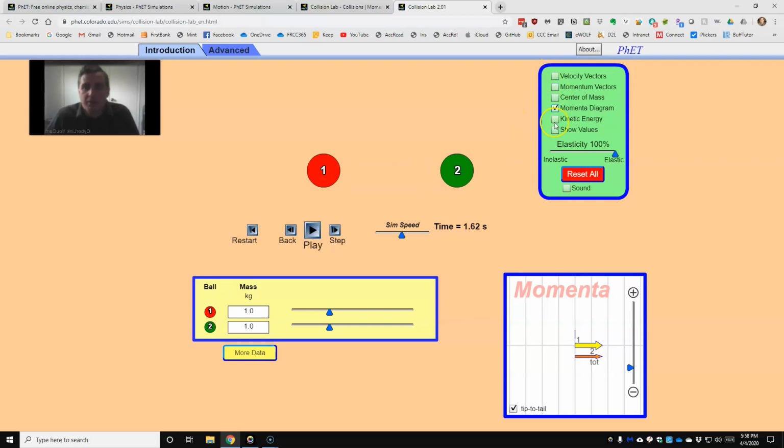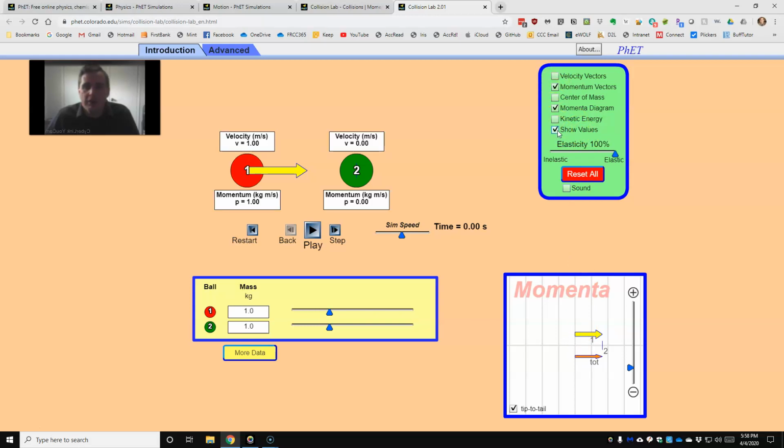Okay, so let me actually reset one more time. Yes, okay, so this is the momentum before. This is the momentum after, and all the momentum just transfers from ball 1 to ball 2. Notice that all the momentum is the same thing as the total momentum in this case. Okay, this is a pretty straightforward diagram. Hopefully you get the idea.